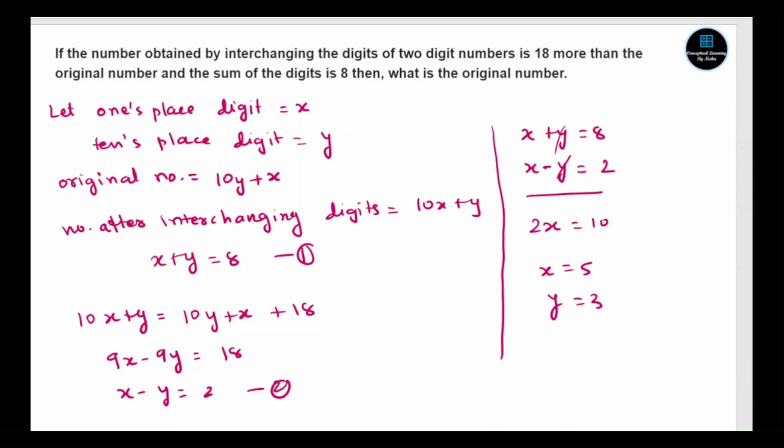So we got the x and y values. So the number is 35, right? If you just verify your answer, if you interchange the digits, the new number becomes 53, which is 18 more than the original number, right? Perfect.